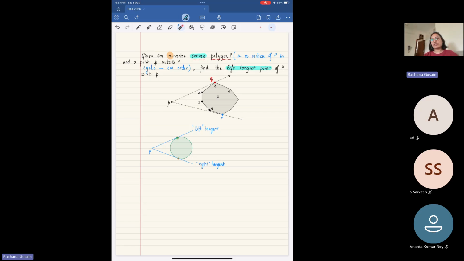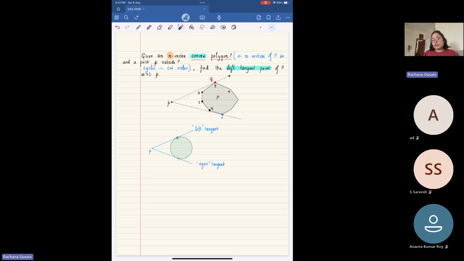Here it is with respect to P. So one way to find the leftmost point with respect to P is to go over all the points and use the CCW test to find the leftmost point. That is one way.